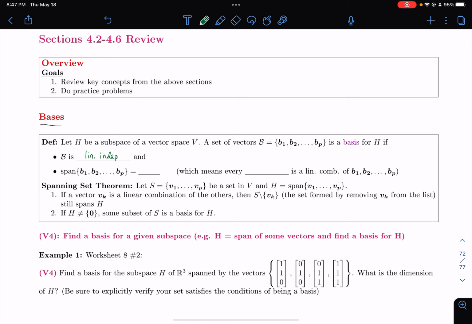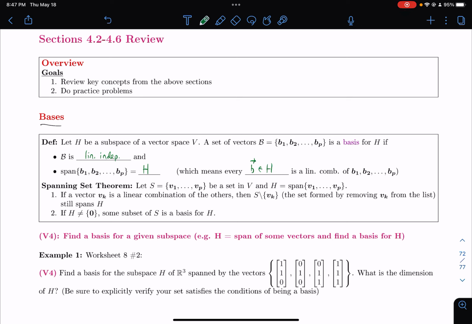And the second condition is that the vectors have to span our subspace H. That's another way of saying that every vector b in the subspace needs to be a linear combination of those basis vectors. Okay, so that was our definition of a basis.